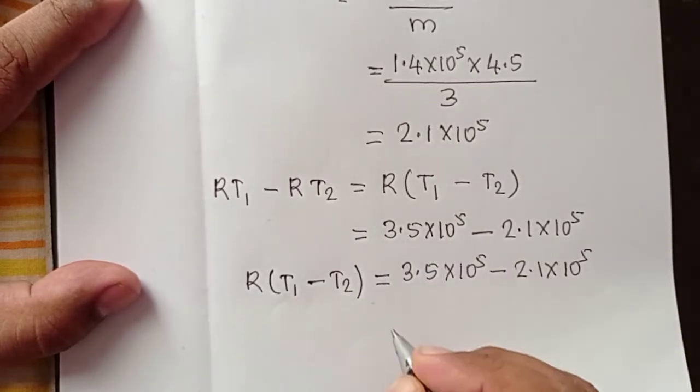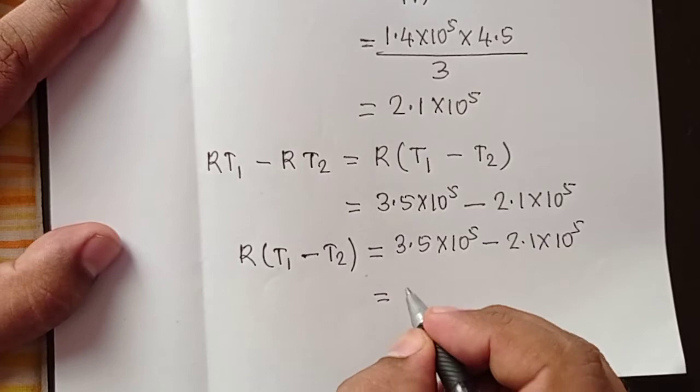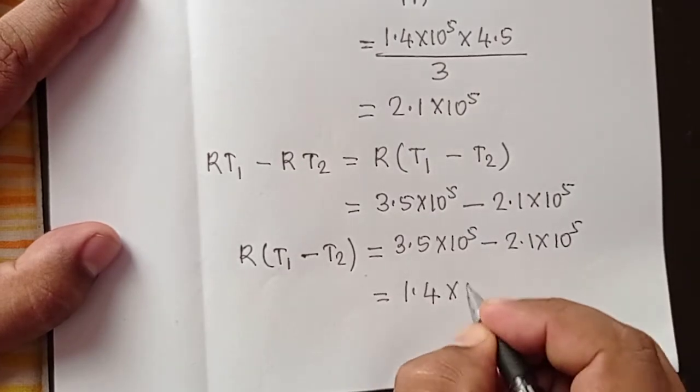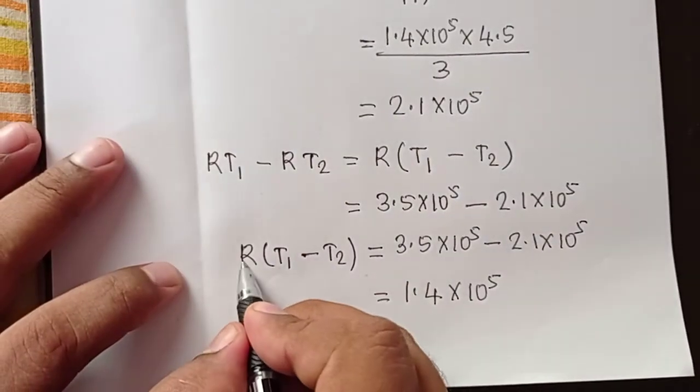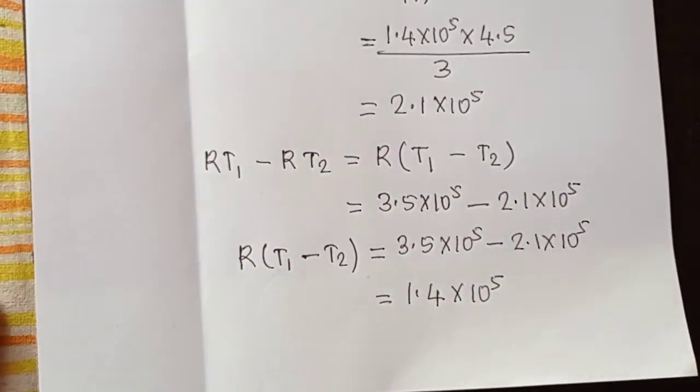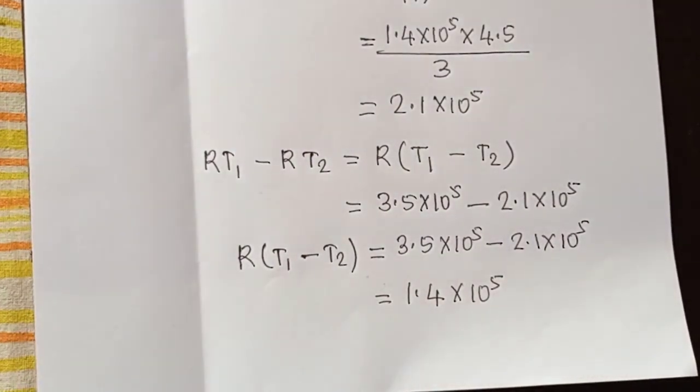If I subtract this, the answer I get is 1.4 into 10 to the power 5, which is R into bracket T1 minus T2. Then again, by taking the change in internal energy, we can find another relation between T1 minus T2.